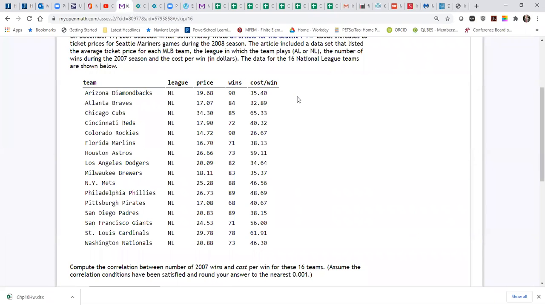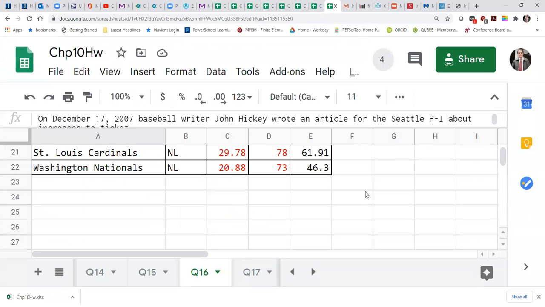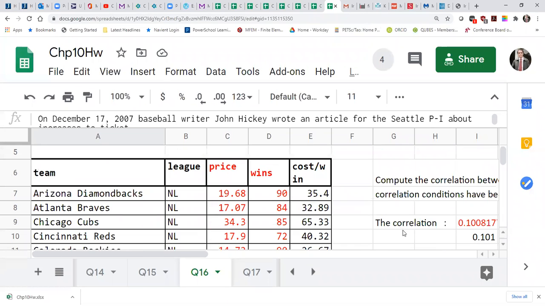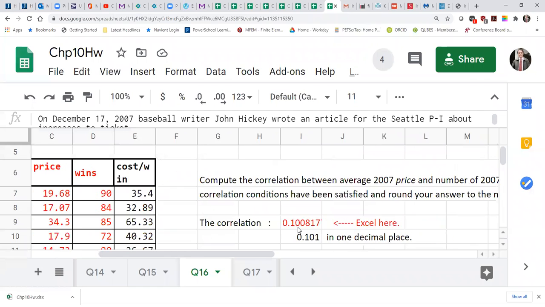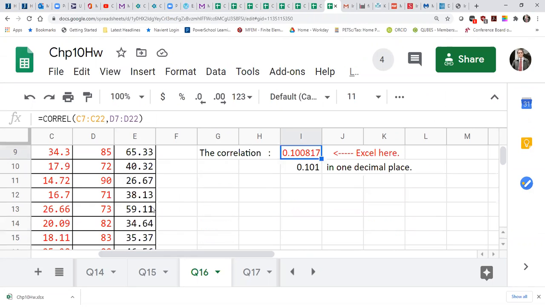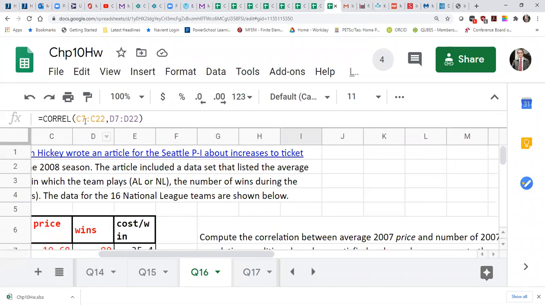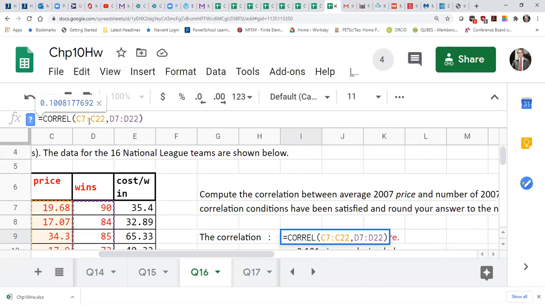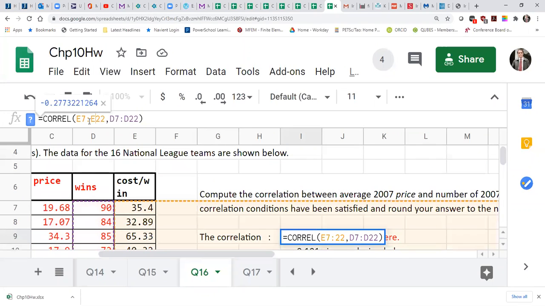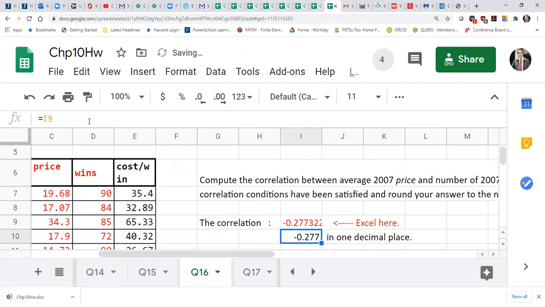So what you need to do here is find the correlation between win and cost, so these two columns, D and E. So you need to change the correlation here to D and E. You need to replace this with E, and you already have the D there, right? Okay, enter. So this will be your answer.